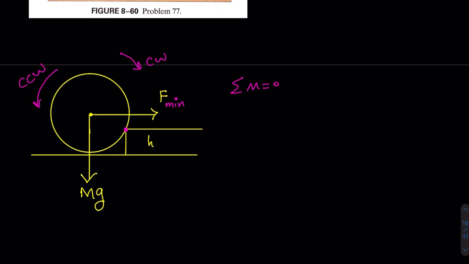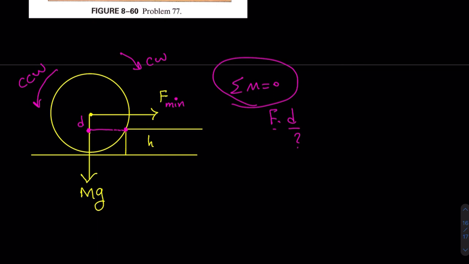Okay, but the question is how to calculate the turning effect, because we want force times distance, but what is the distance here? Well, the distance is, if we extend this step into the wheel, we can find the distance here because it is exactly parallel to the point at which the turning effect is made by this force. So here is the distance, but what is the value of this distance?